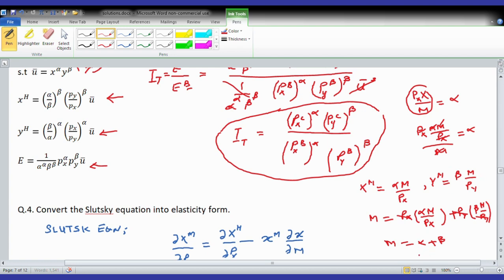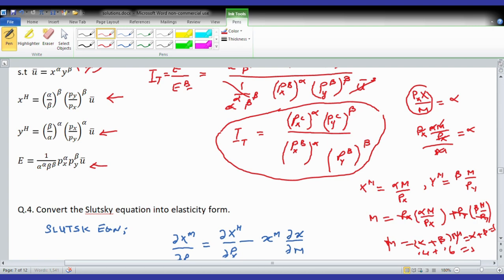So for example, if this is equal to 0.4, then this must be equal to 0.6, and we get alpha plus beta equal to 0.4 plus 0.6 equal to 1.